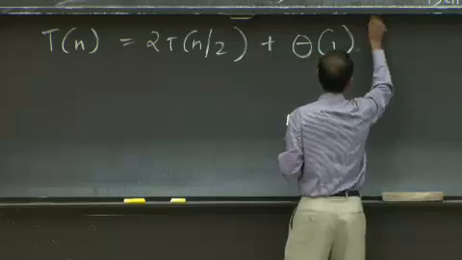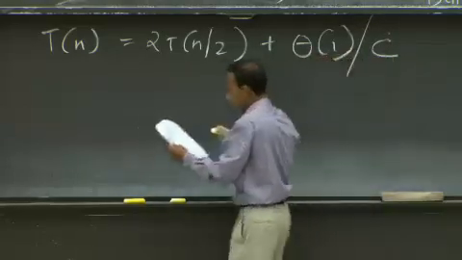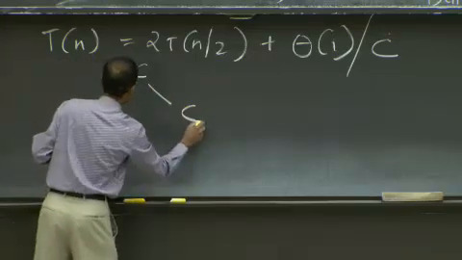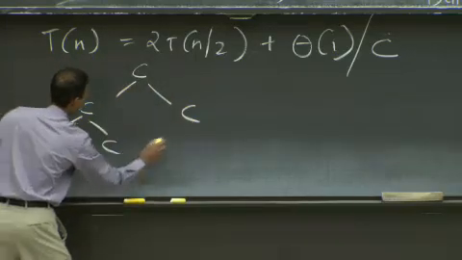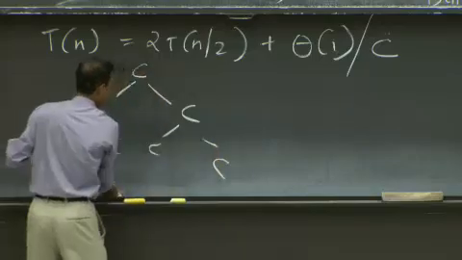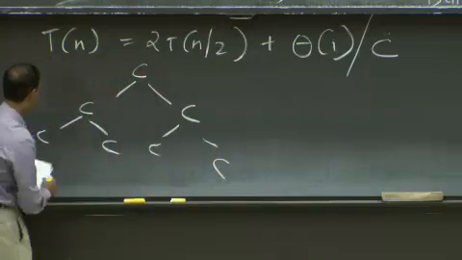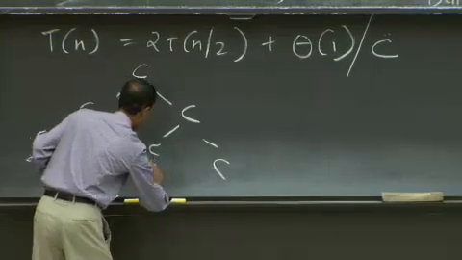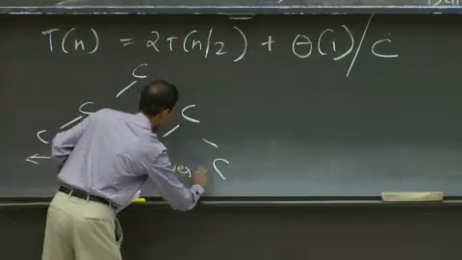I can think of this as being theta 1, or just a constant c. I'll stick with that. So I have c, c, c, and I have n leaves as before.